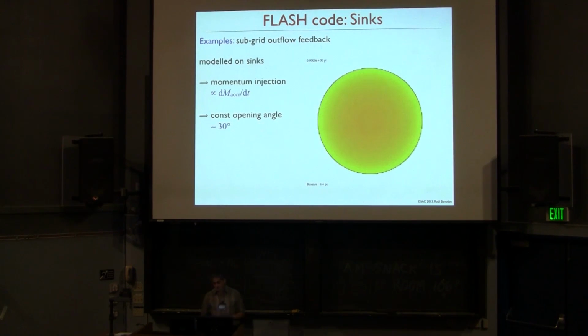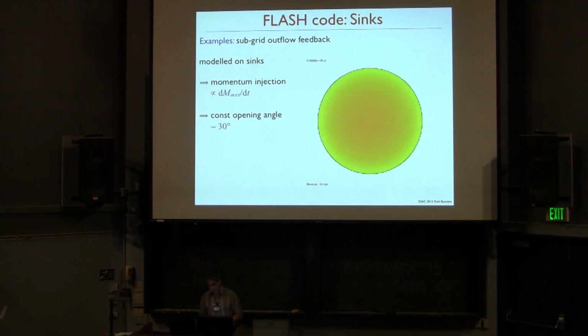Yeah, and then of course I told you that you can use nicely the sink particles, all the information. You have the accretion rate, you have the masses and so on, to use them as a subgrid model for feedback. And I will show you a couple of examples.